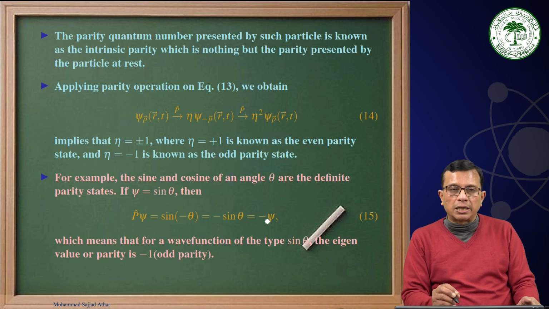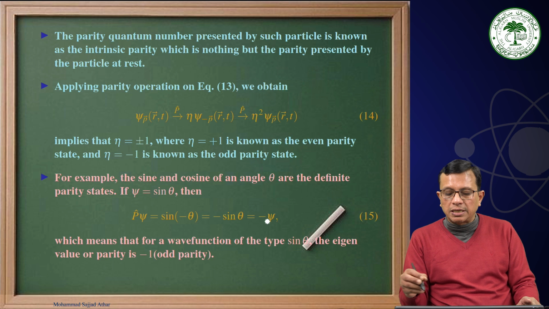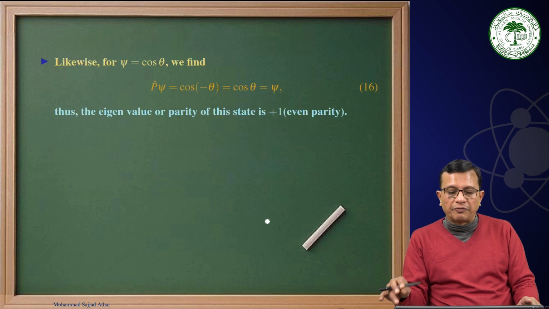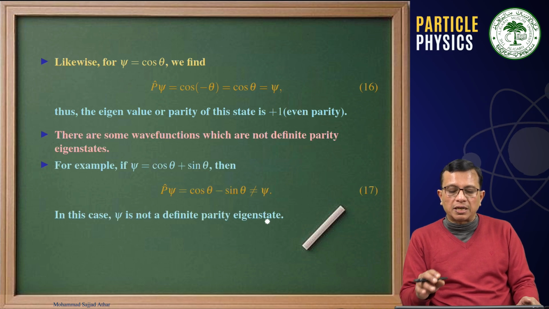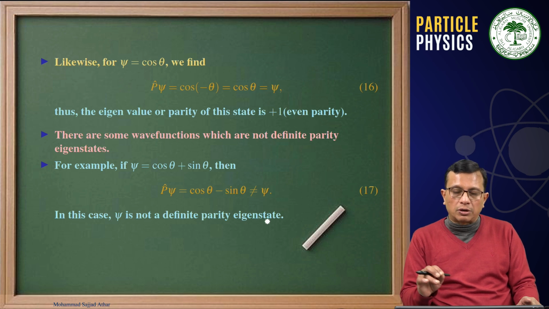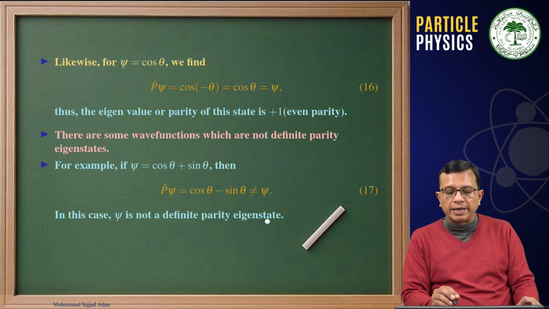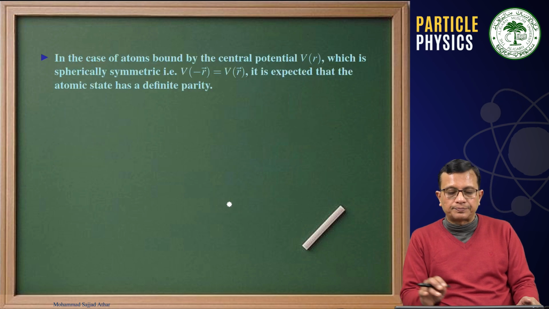But if we take cosine theta, then cos of minus theta is the same as cos theta, and therefore the eigenvalue will be plus 1, and that means this will have even parity. But if we take a combination of them, sine theta plus cosine theta, then we say that psi is not a definite parity state, because sine theta is changing sign, cos theta is unchanged. Therefore, we are getting a new wave function, cos theta minus sine theta.